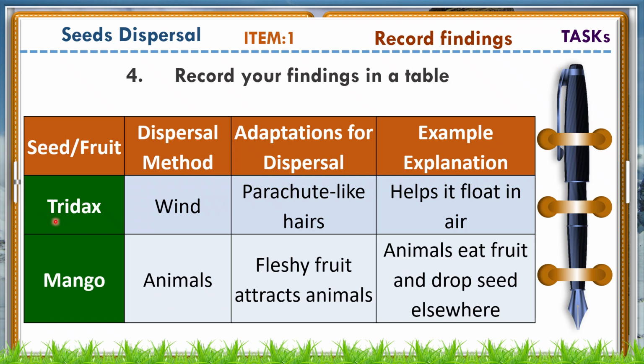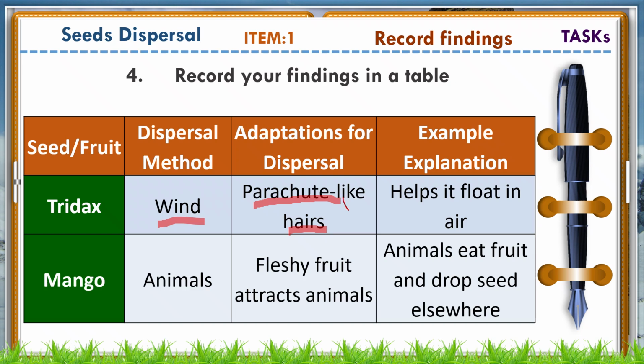We start with tree ducks. Tree ducks is dispersed by wind, and the adaptation that helps it to be dispersed by wind is that they have parachute-like hairs which we called papas.